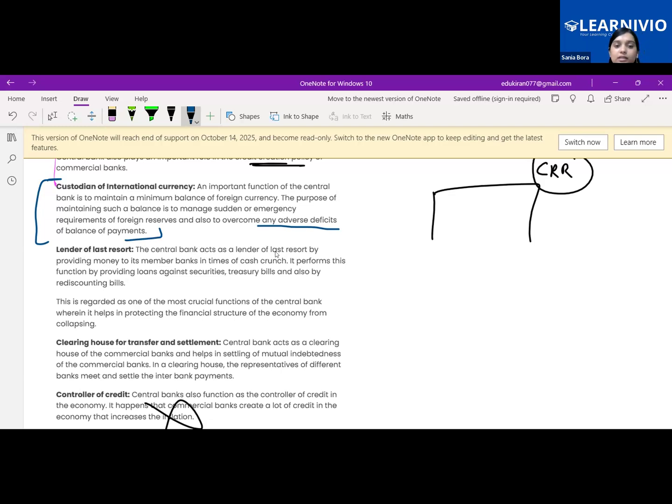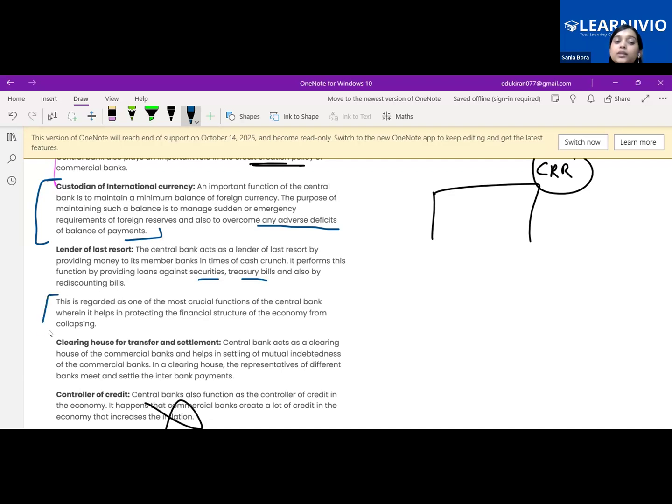Then lender of last resort. The central bank acts as a lender of last resort by providing money to its member banks in times of cash crunches. For example, you are not getting money from anywhere. Last resort means that is the only person that is going to help you, right? It performs this function by providing loans against securities, treasury bills, and also by re-discounting bills.